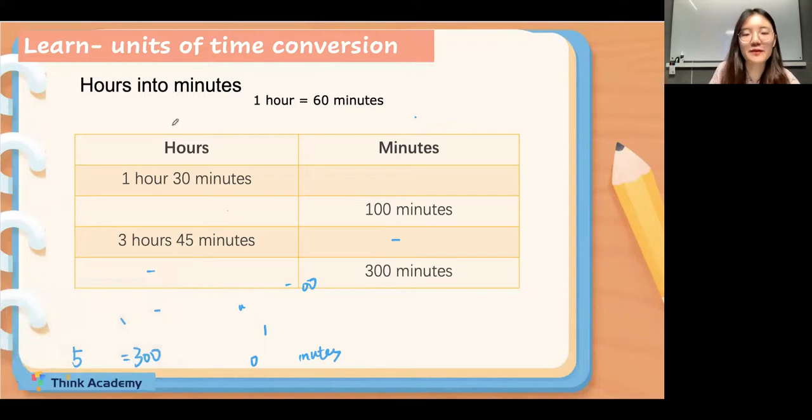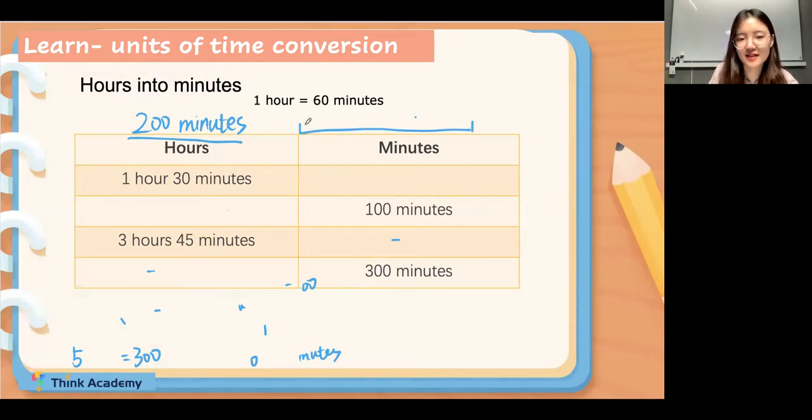If we have a time, the time will be 200 minutes. And we want to convert this time in minutes to time in hours. Then firstly, we need to consider how many hours in 200 minutes. And because 1 hour equals 60 minutes, we just need to consider how many lots of 60 minutes in 200 minutes.